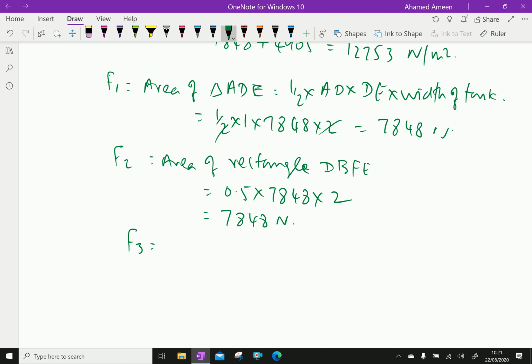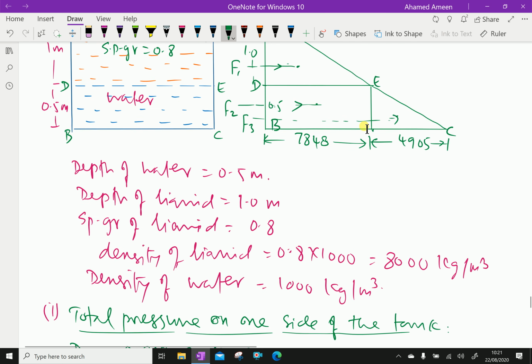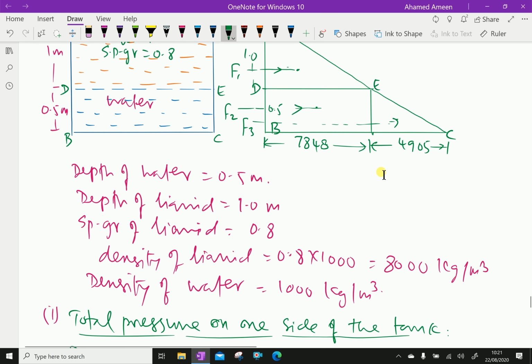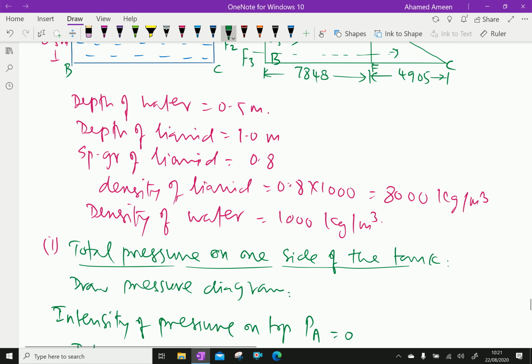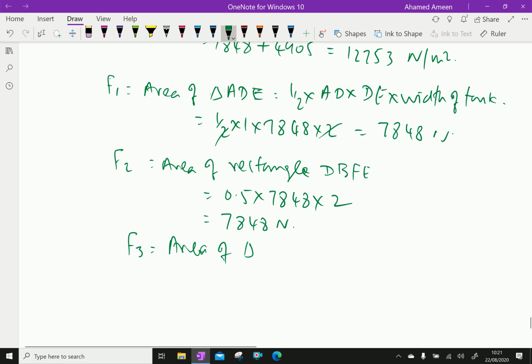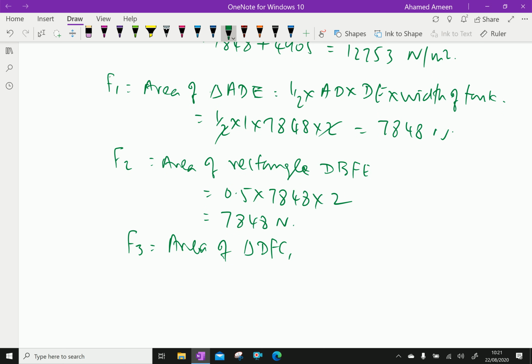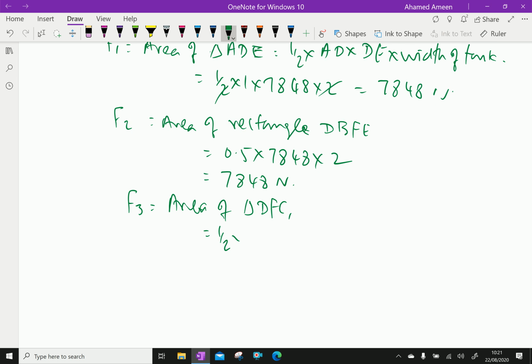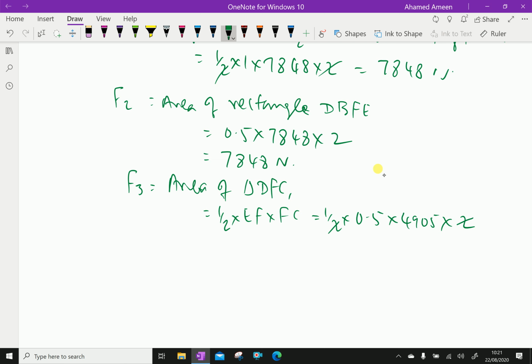F3 is the area of triangle DFC, equal to half into 0.5 into 4905 into width 2. This gives 2452.5 Newton.